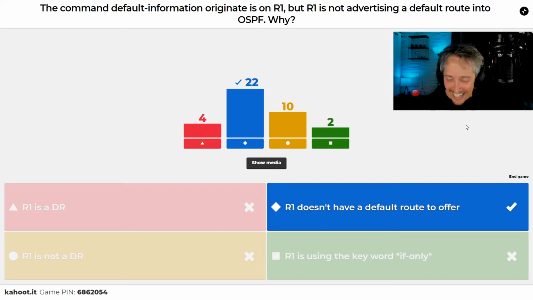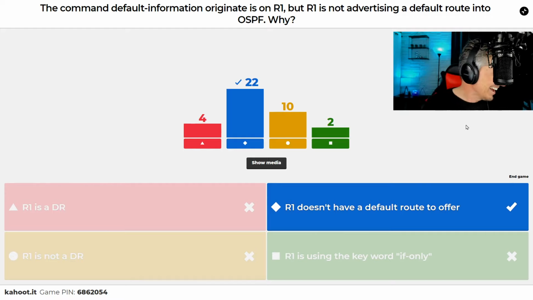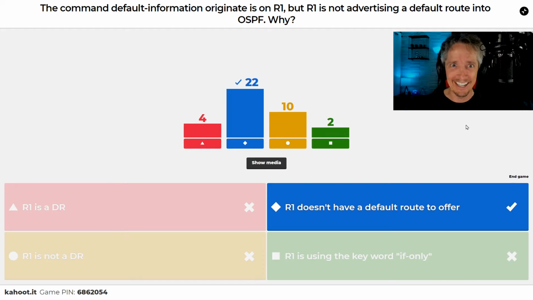All right, it's tough. It is tough to put a route into OSPF, a default route, if you don't have one. Unless, if somebody wants to chat it into the chat, what could we do in addition to the default-information originate command in router config to have R1 advertise a route, even if he doesn't have one of his own? Yeah, and Kelvin is saying you should create it.